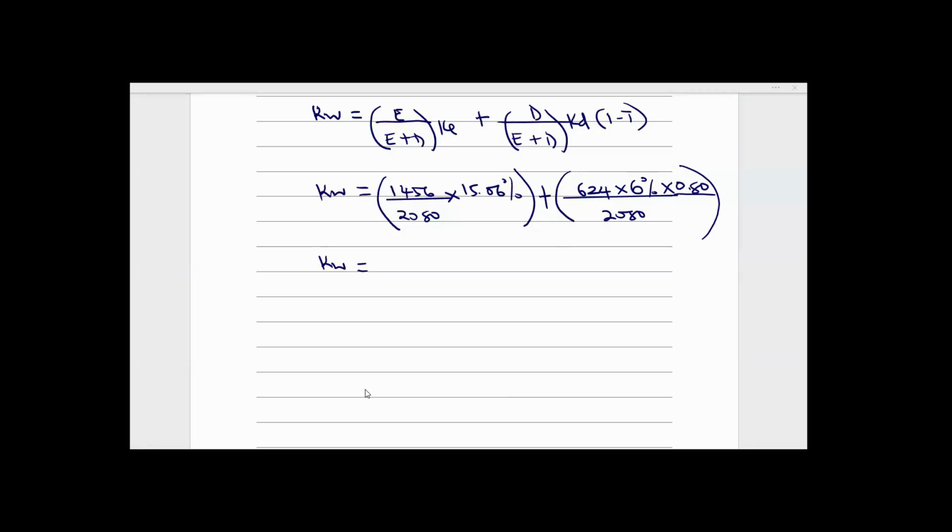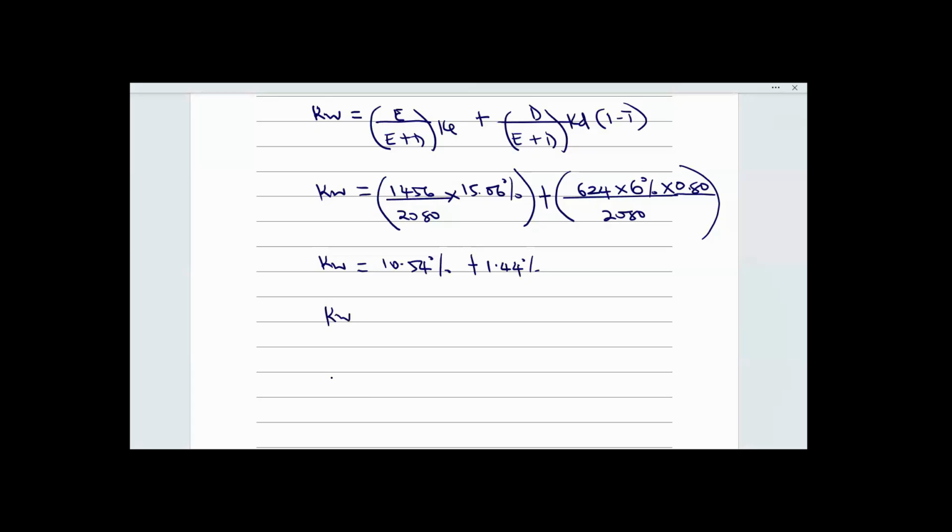So 10.54. 10.54 plus the other side, which is 624 multiplied by 6 multiplied by 0.8, divided by 2080, equal 1.44%.